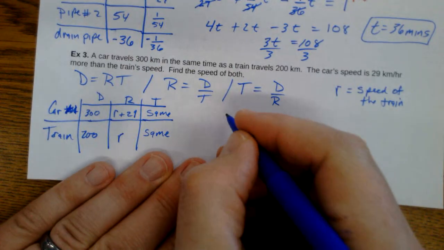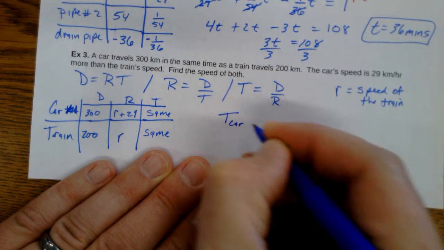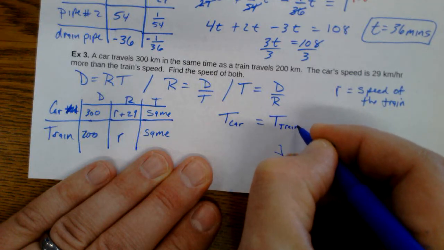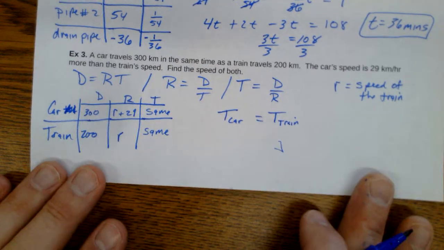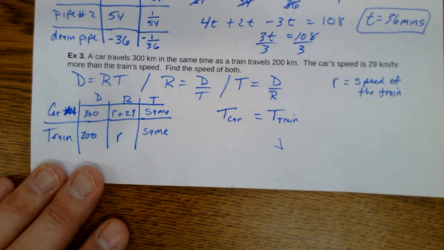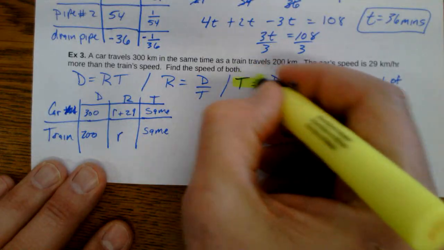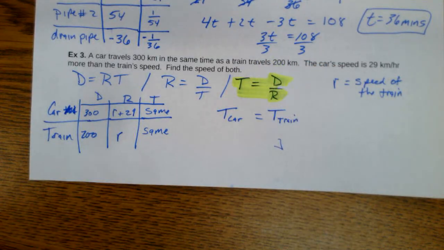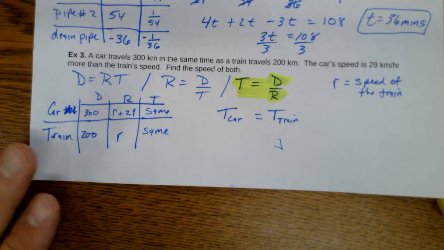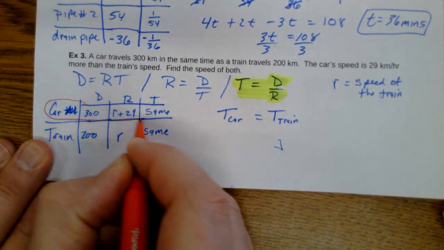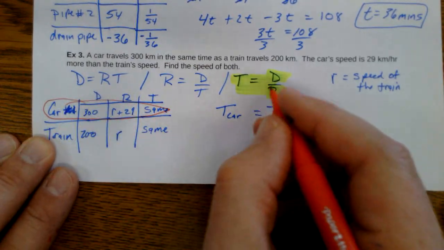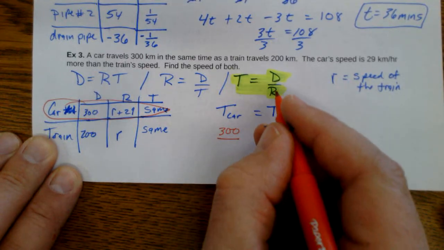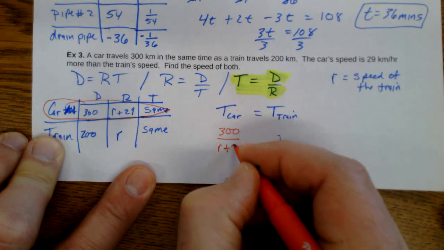So if you think about it, the time for the car is the same as the time for the train. That's what they're saying. Well, now, if I know T equals T, that's where I use this one here, because I got information about D and R. All right, so if I look at my car here, I know distance is 300, and I know my rate is R plus 29.